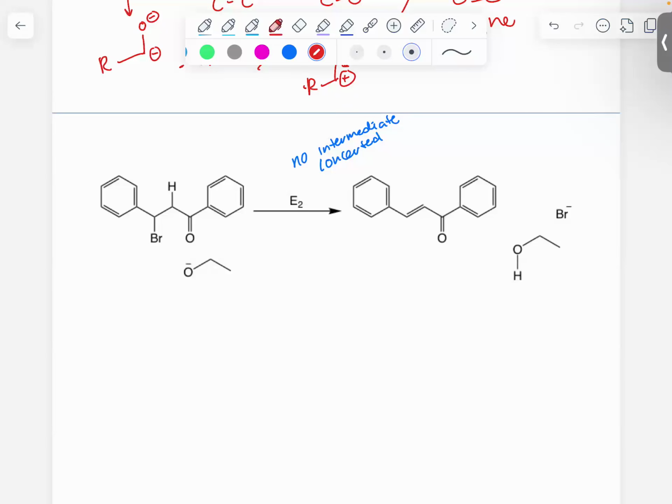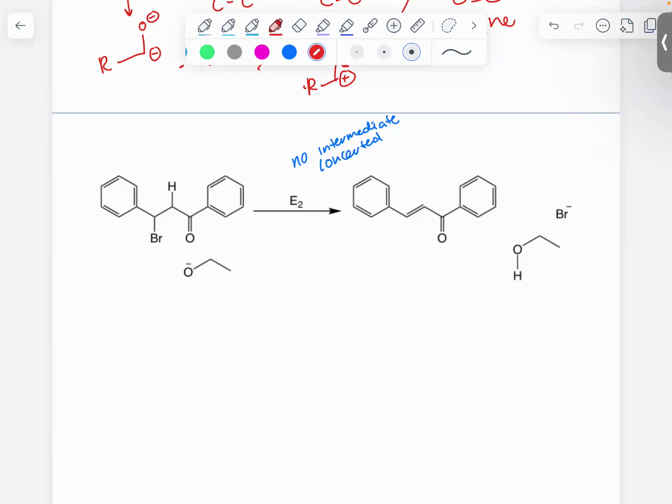Where should my curly arrows start? One is nucleophilic substitution, one is elimination, but they are both concerted reactions.